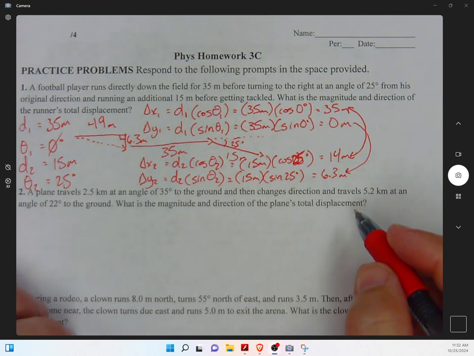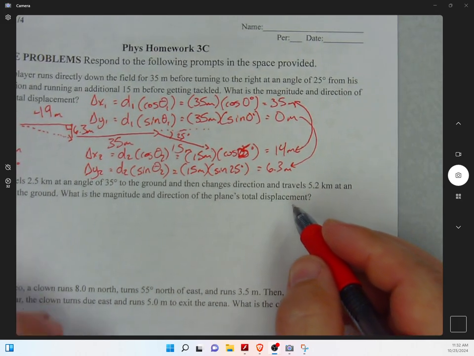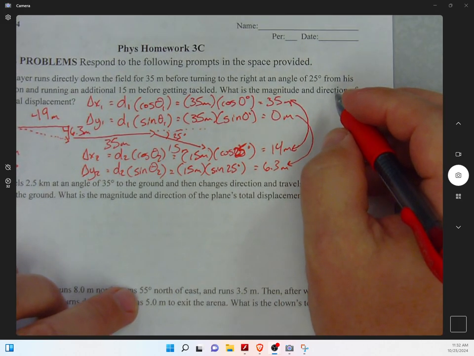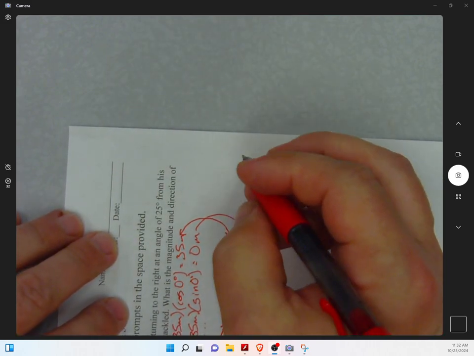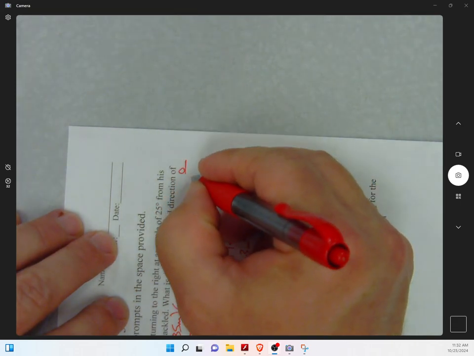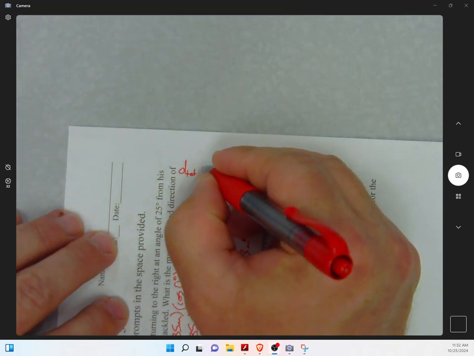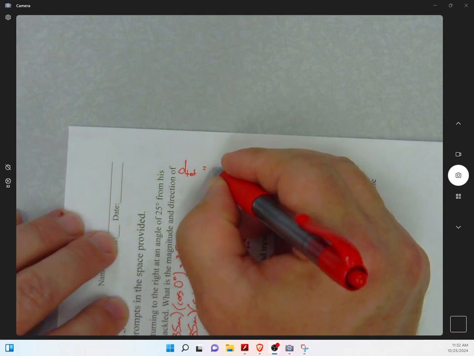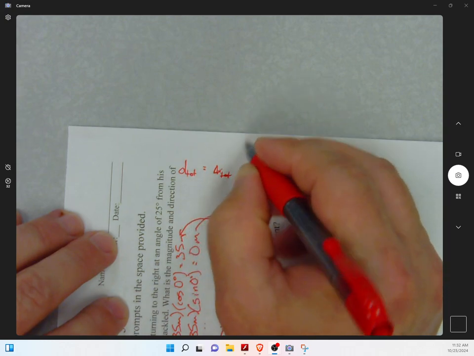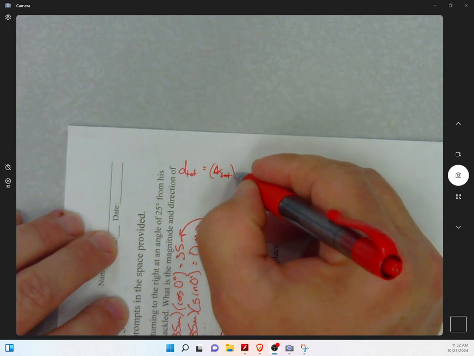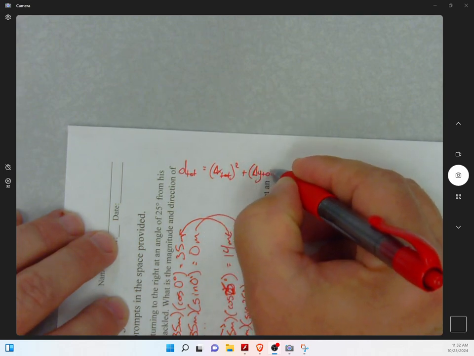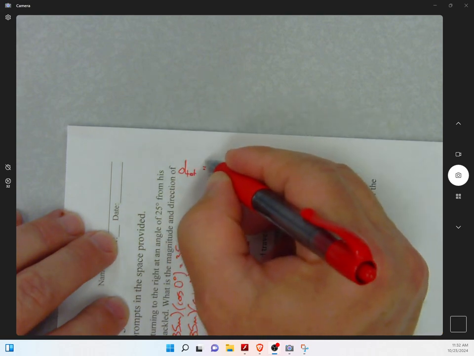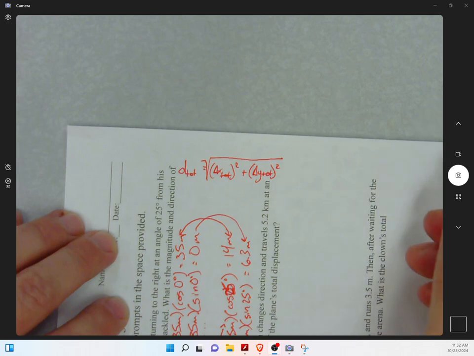So my total displacement is going to be equal to the total x squared plus the total y squared, and then square rooted.